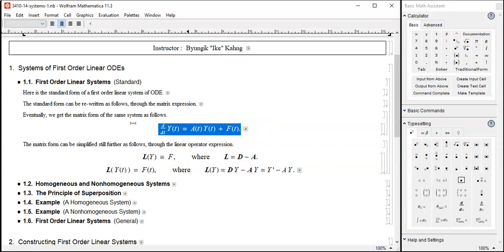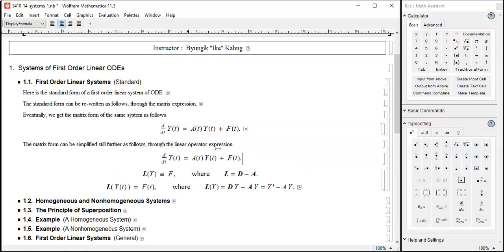It is possible to simplify this even further like this. Subtract away, and then we can rewrite the same system like this. And then we can re-express the left-hand side using the differential operator, D minus A, where D is a derivative operator, which does this, and A is just multiplying matrix A, and it does that.